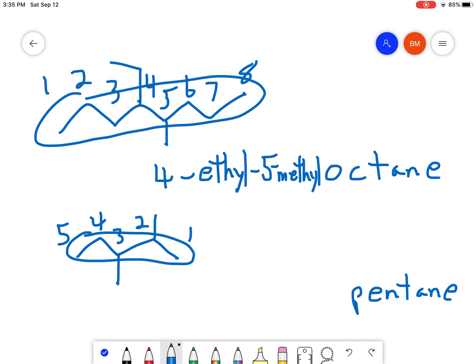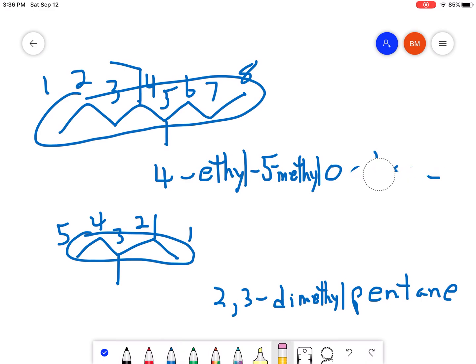So you have 2 methyl groups, right? So that's going to be dimethyl, and they appear at carbons 2 and 3. So that is going to be 2,3-dimethylpentane. Easy peasy. Not too bad, right?